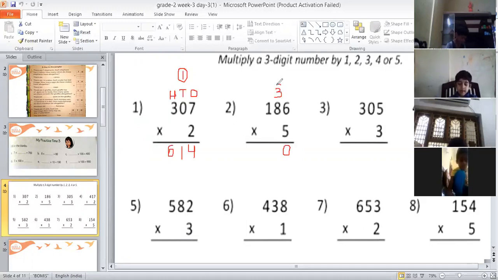Okay, now tell me 5 8s are? 40. Very good. 5 8s are 40. But we will add this 3 also. 40 plus 3, how much?